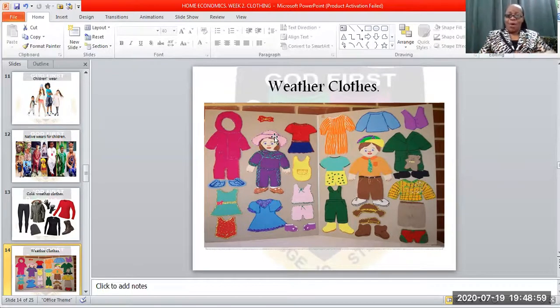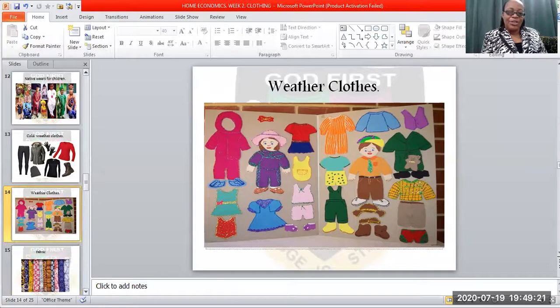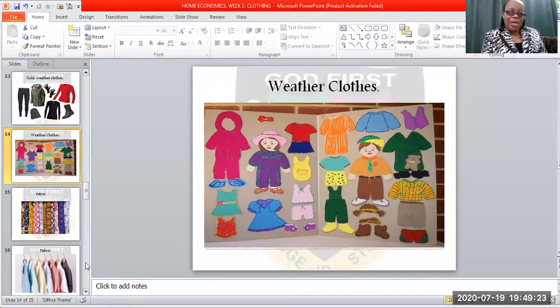Whatever the weather, we will weather the weather. That is to say, we will take care of ourselves, keeping warm, keeping ourselves comfortable in any kind of weather, wearing comfortable clothes and ensuring our temperature is in order.